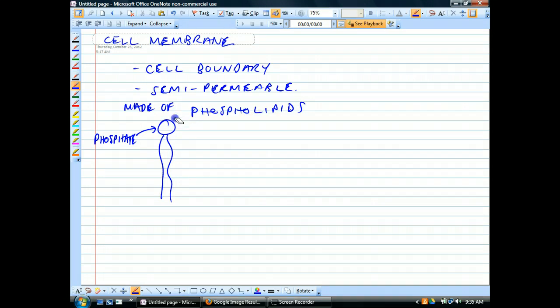Let me change that and just say that this thing is polar, and that comes back from chapter 2, that idea that water's polar. So that phosphate head on this molecule is polar. Now there's two lipid tails. Lipids are fats and oils, remember? So they're like oily, fatty tails.